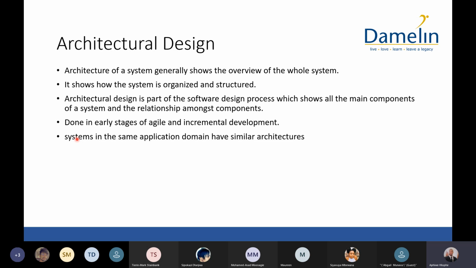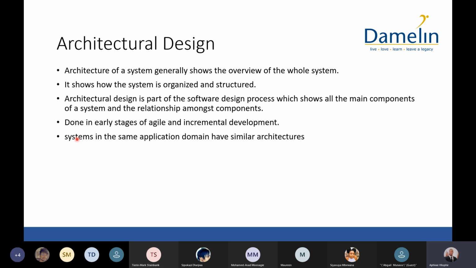If you are building an ATM system in the banking industry, the requirements of an ATM system for Nedbank will be similar to those of Standard Bank, because they're in the same application domain and the objects that exist in that domain, such as customers, bank accounts, tellers, clerks, and so forth.